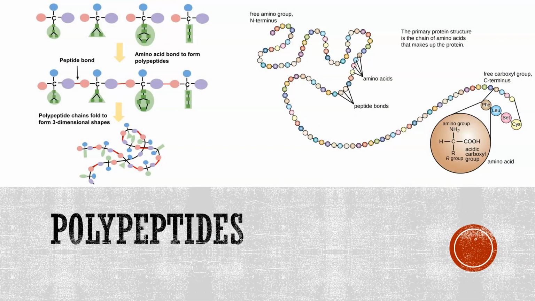Polypeptides, some great diagrams here. Just take a minute to have a look at them. You've got these long chains of different amino acids. Each of those colours is a different amino acid. These here are our R groups, so we've got 4 different amino acids with the different R groups.